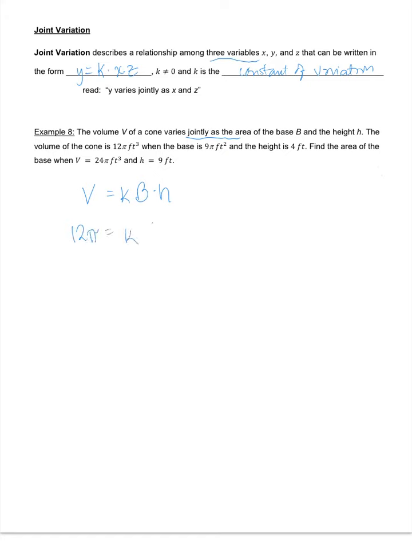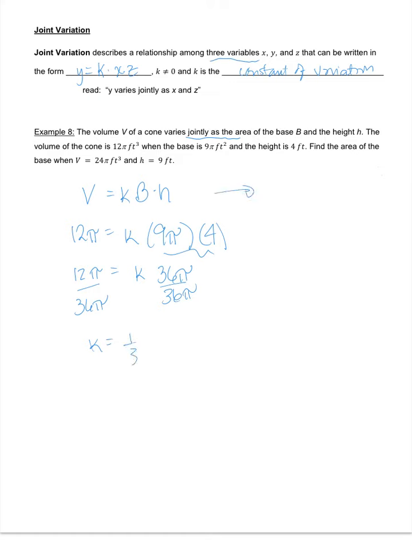Then I have a base that is 9 pi feet squared, and the height that is 4 feet. So now I can find the constant of variation. I have 12 pi equals K times 36 pi. If I divide both sides by 36 pi, I can get my constant of variation to be 1/3.